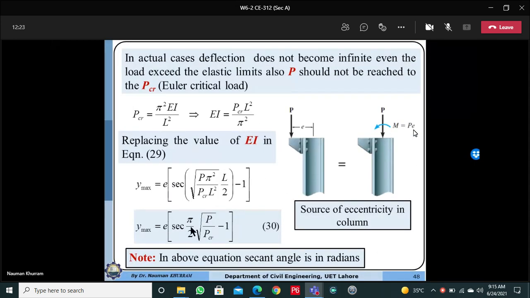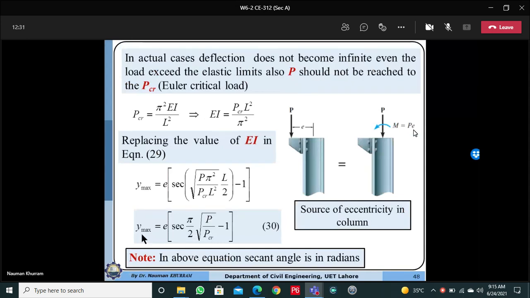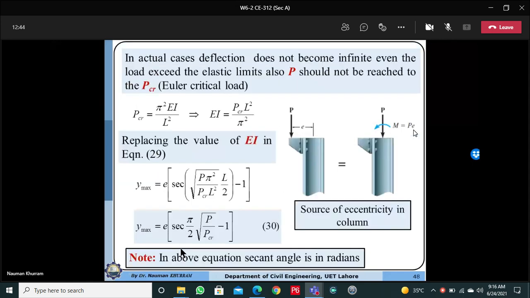Further, you may use either expression number 28, 29 or 30 to compute the y maximum, because all the expressions are the same. Because this P is never equal to P critical, the EI value can be taken from the Euler critical formula. P critical is equal to pi square EI over L square. If you separate out the EI value, that will be equal to P critical into the square of the effective length divided by pi square.